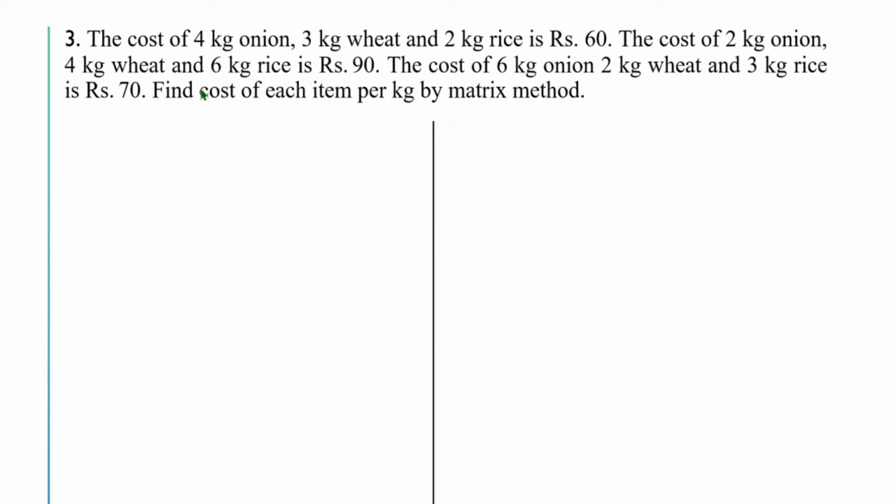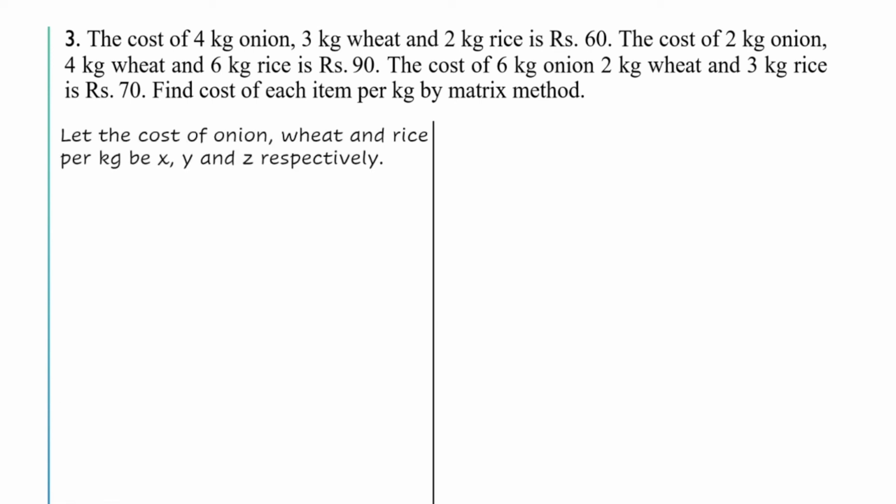So first, let the cost of onion, wheat and rice per kg be rupees x, y and z respectively.